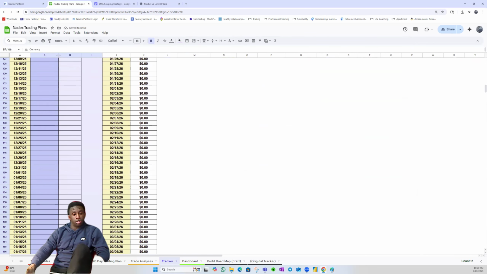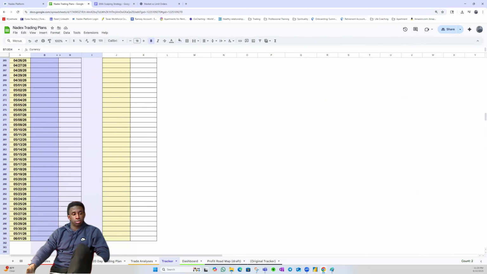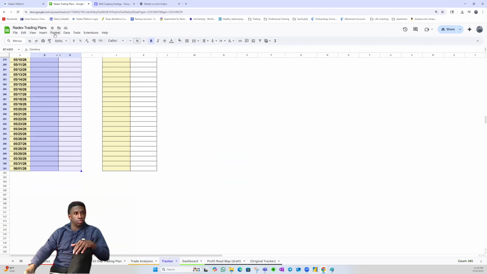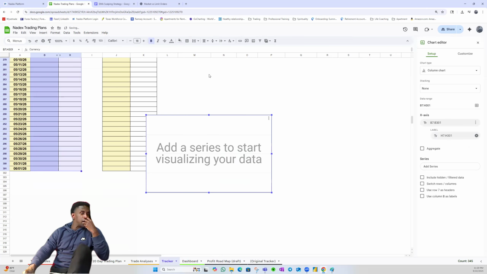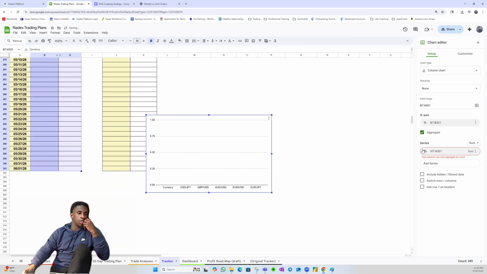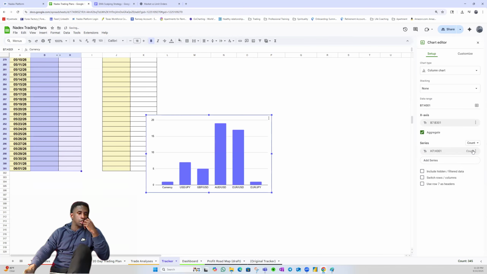All right, that's how we're gonna do it. Maybe we can get some out of this. I don't think that'll change, but why does it keep showing currency?